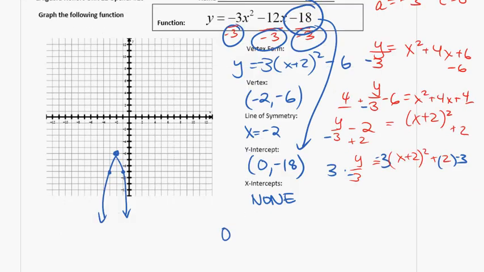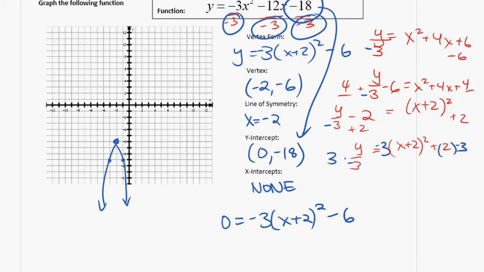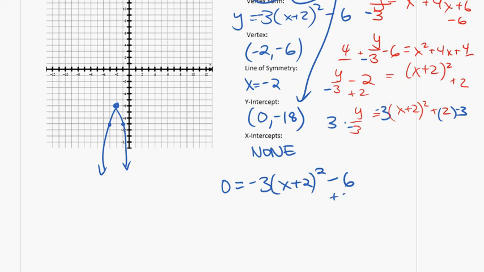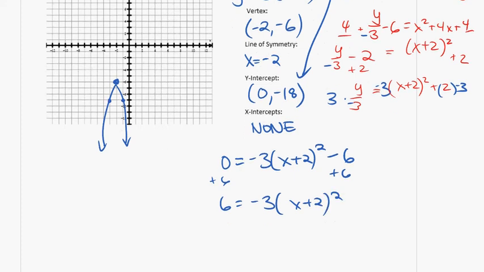So I get 0 equals, because y is 0, negative 3 times x plus 2 squared minus 6. I'm using vertex form to solve for the x-intercepts. So I add 6 to both sides, and I get 6 equals negative 3 times x plus 2 quantity squared. So now I divide by negative 3, and I get negative 2 equals x plus 2 quantity squared.